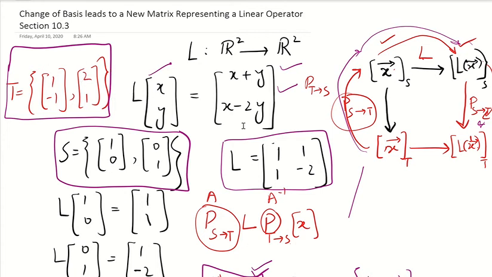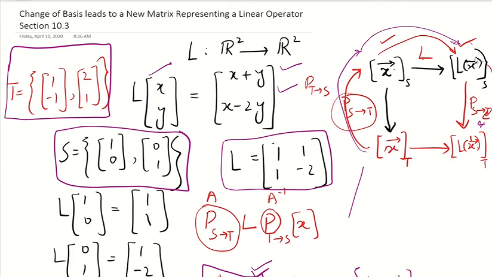For this, I have to do this circle. What does this circle represent? If we have this vector x in your language S, and this L transforms it into L of x, and this vector is again in your language S, what I can do is convert this x into my language T by using this change of basis matrix, which we have done in the previous video.